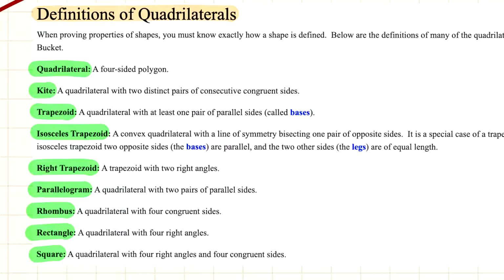I could just ask you to maybe even match definitions with their names. So imagine you had a list of all the quadrilaterals and you have a list of all the definitions. Would you be able to arrange them or match them up properly?